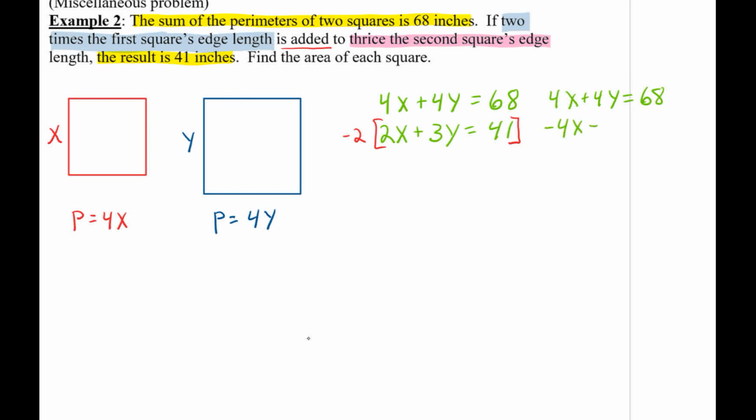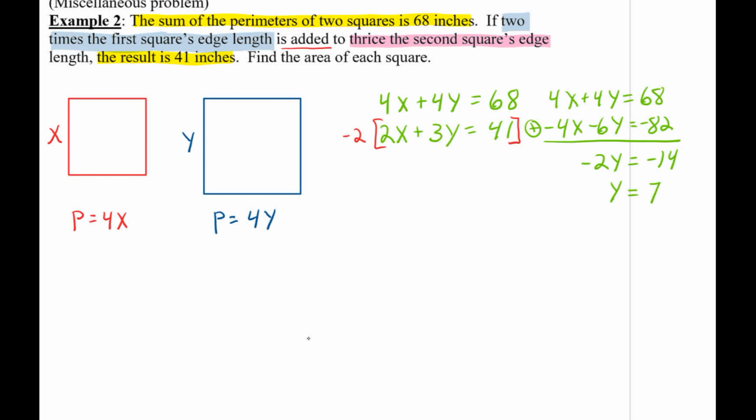So you could have even divided by 4 and then used substitution. So let's see, 41 times 2 is going to be -82. When I add these together, the x gets eliminated and I get -2y is equal to -14. So when I divide by -2, I get the y is 7.